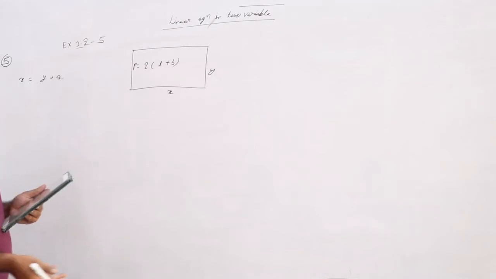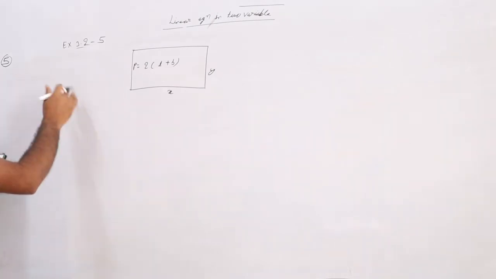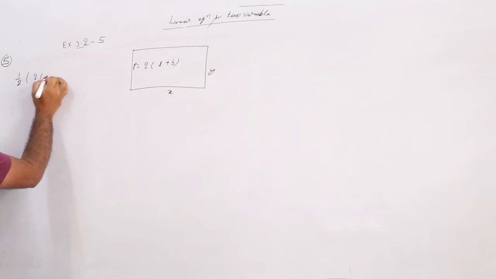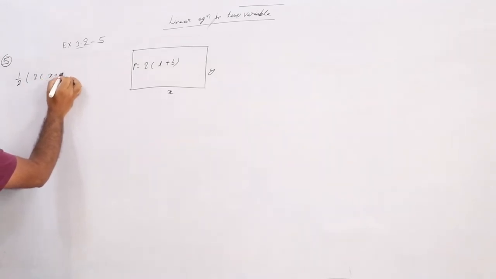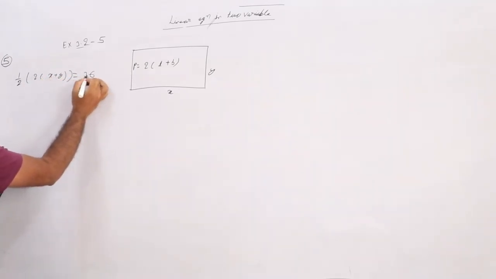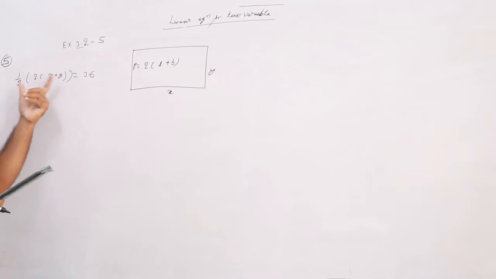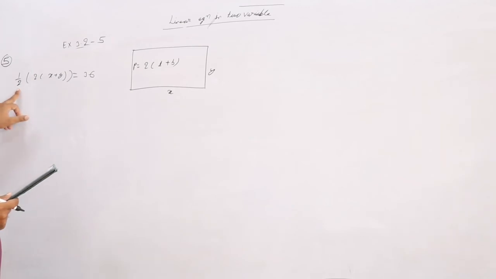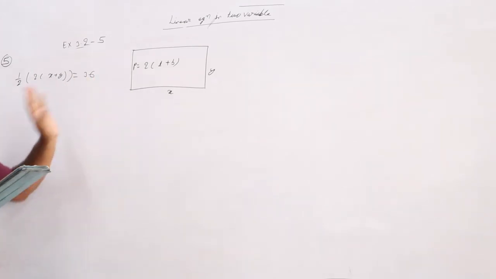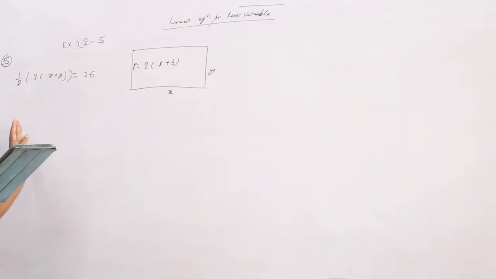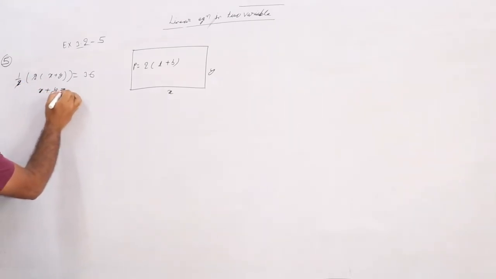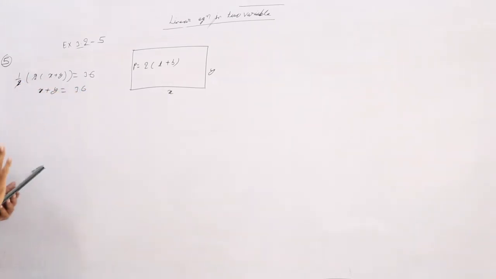So this one I will write later. First do this one. Half the perimeter means 2 into x plus y, given 36. Perimeter, right? 2 into L plus B. And saying half, so did half. And given that is 36. Here this 2 gets cancelled. x plus y is equal to 36. Here we get one equation.